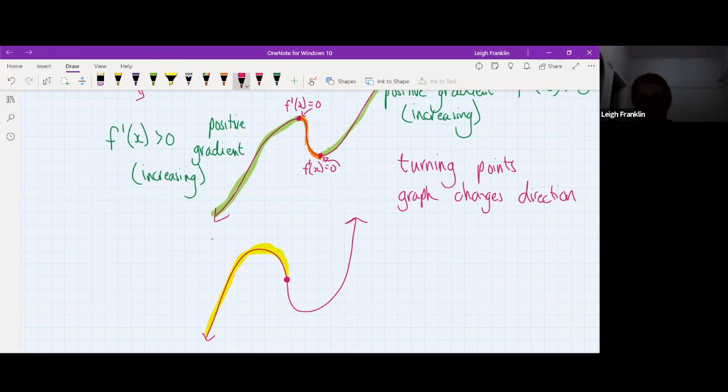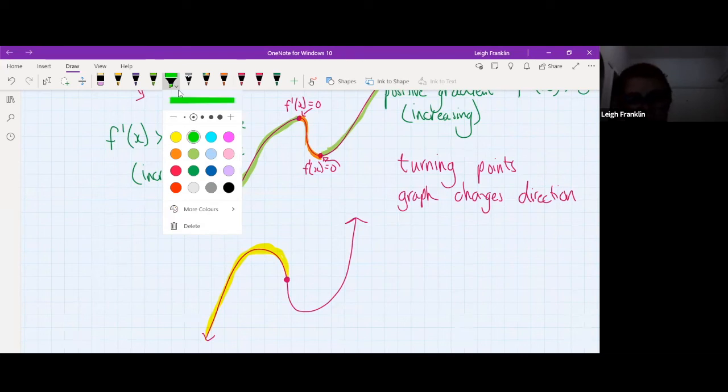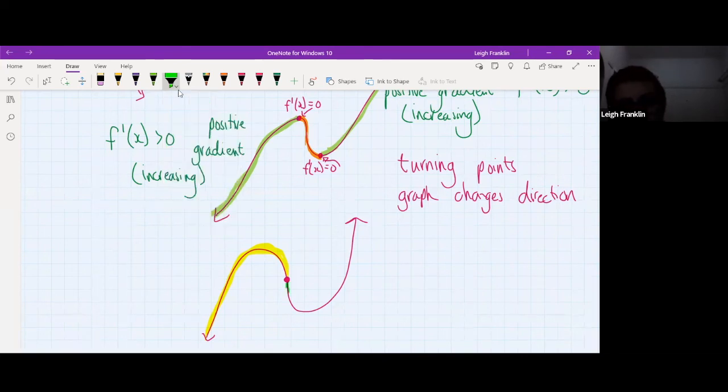At the point of inflection, the concavity is 0. Then your graph changes from being concave down, in this case, to being concave up. And here the graph is now concave up.